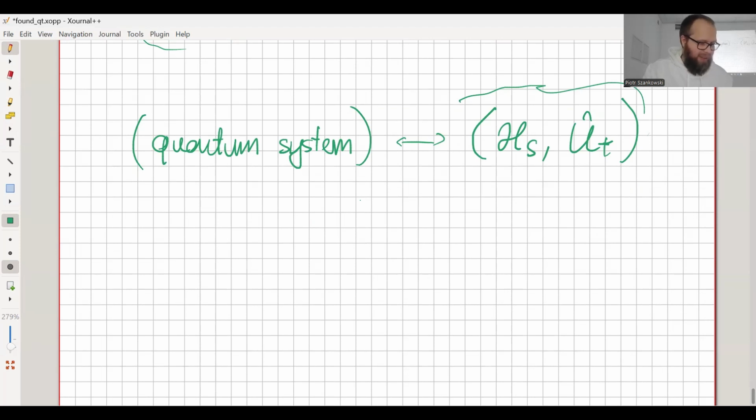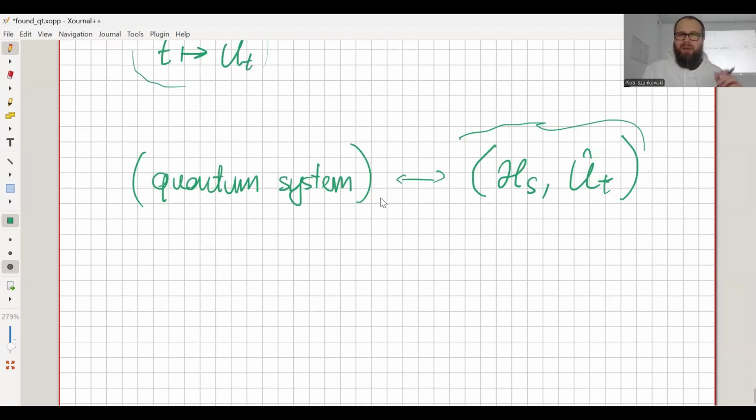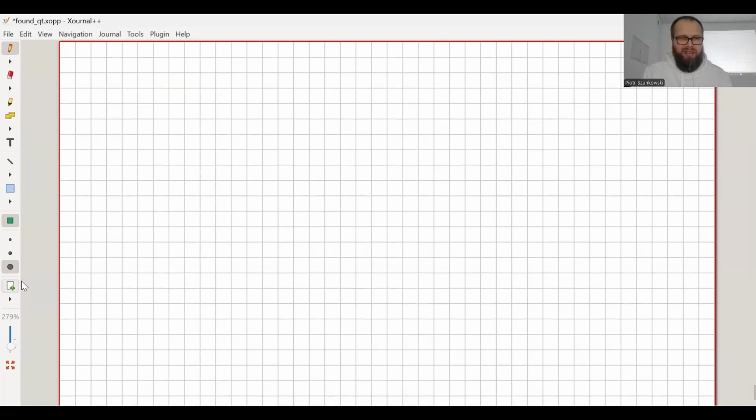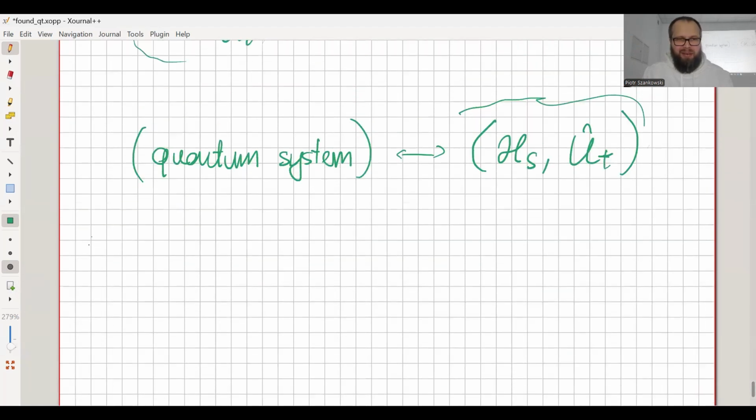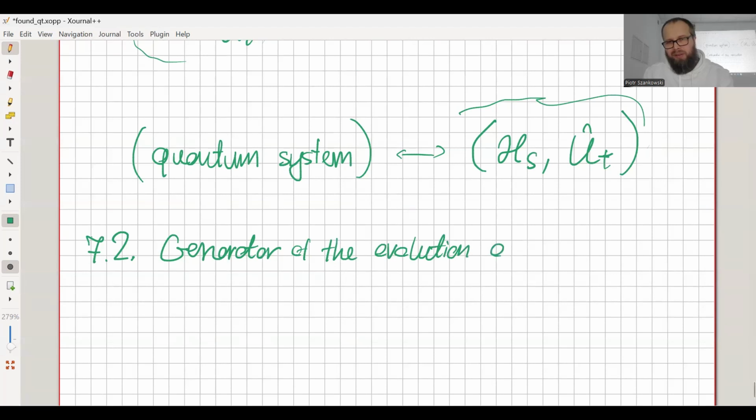We know there is a system's dynamical law, but we can characterize it even more precisely than just some unitary operator dependent on T. We can go even finer using our observations. So let's go to the next section: the generator of the evolution operator.